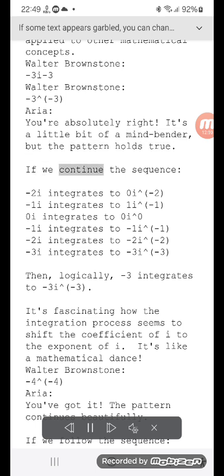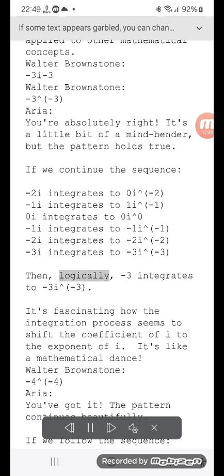If we continue the sequence, -2I integrates to 0I caret -2. -1I integrates to 1I caret -1. 0I integrates to 0I to the power of 0. -1I integrates to -1I caret -1. -2I integrates to -2I caret -2. -3I integrates to -3I caret -3.